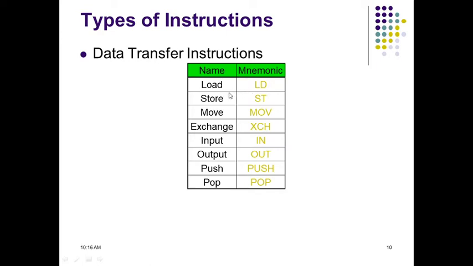So load is LD, store ST, move, then exchange XCH, input IN, output OUT, push, pop. These are some of the data transfer instructions, which are basically used to transfer data from one location to another location. One more thing you can notice: the data value is not modified here, right?